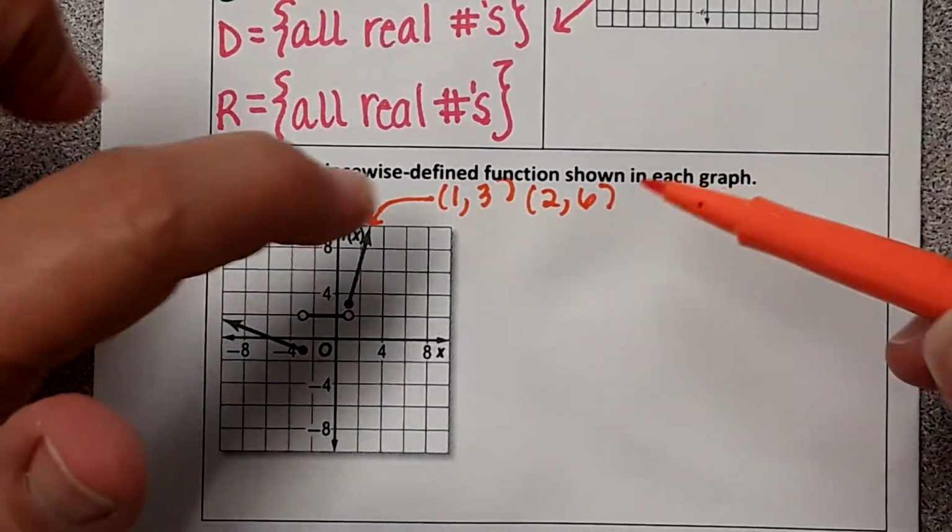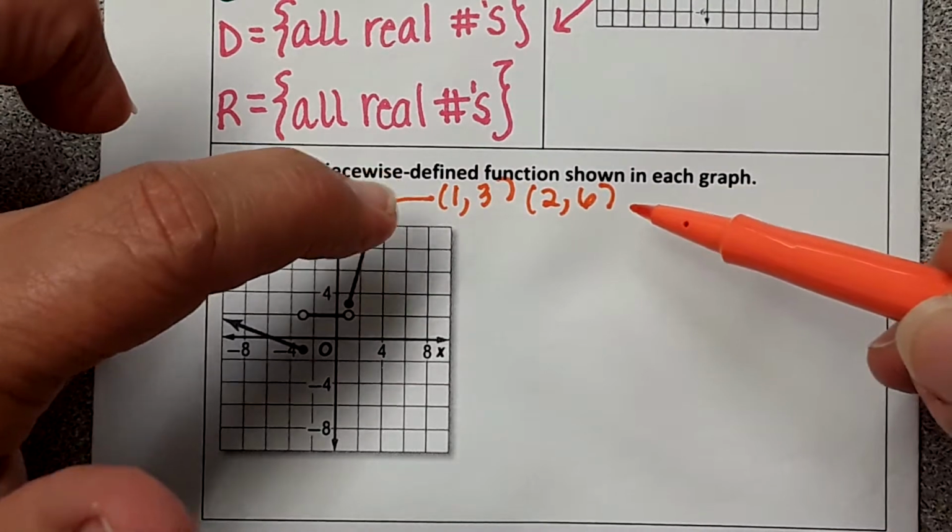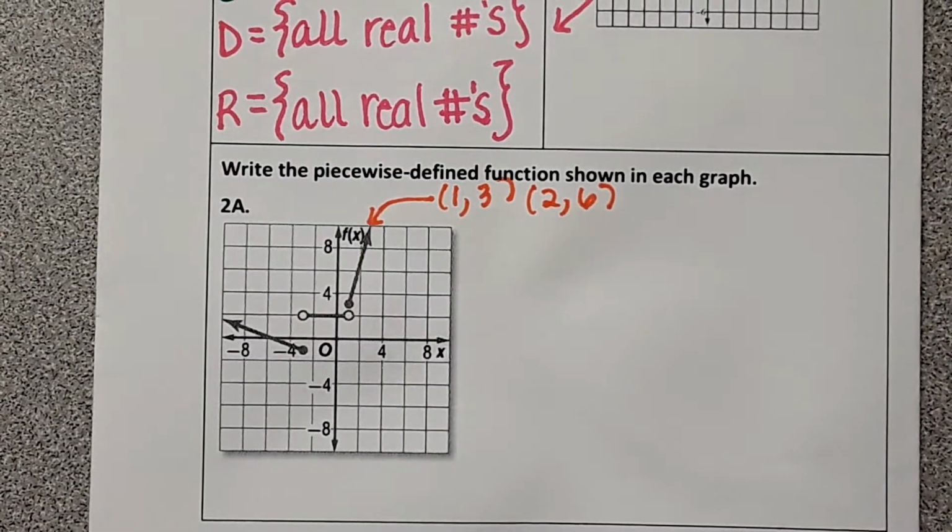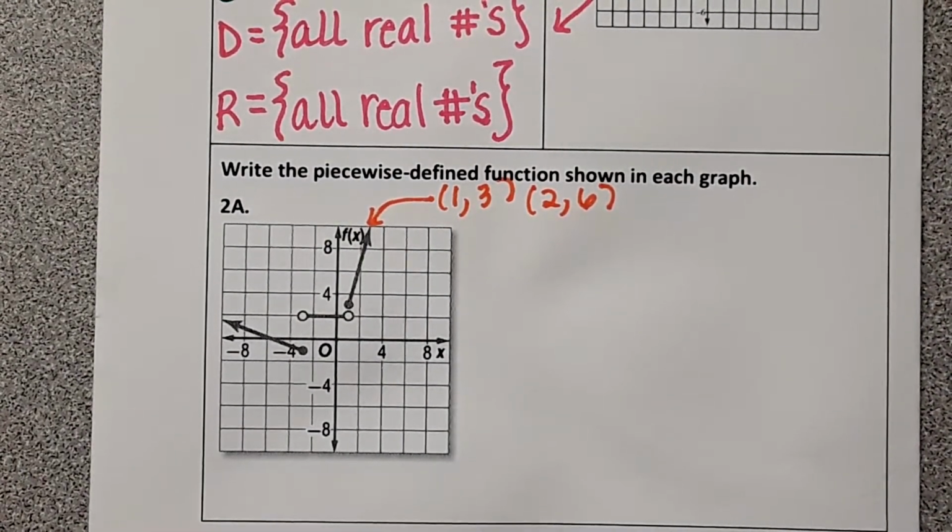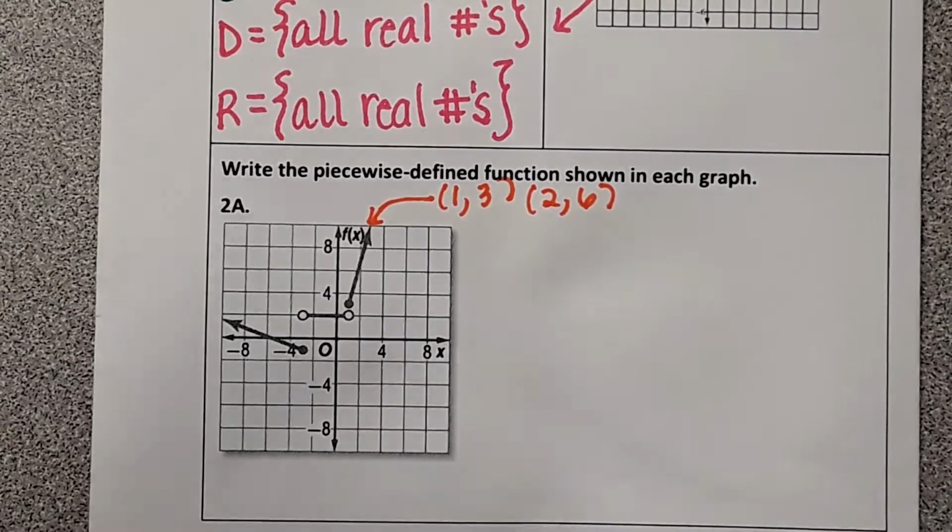If I give you 2 points, what can you find from 2 points? Slope. It's the only thing you can find from 2 points. It doesn't matter if you want to put it in point slope form or slope intercept form, you still have to find the slope.